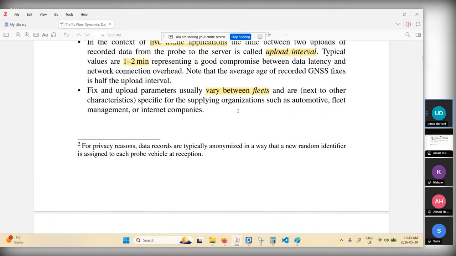And we will later learn that it takes that much time because of algorithms that are used. And then if you have fleets for commercial driving, you could have truck fleets, for example. So if you are collecting the data using devices of your own, then here they say that fix and upload parameters usually vary between fleets and are next to other characteristics specific for the supplying organizations, such as automotive, fleet management, or internet companies.